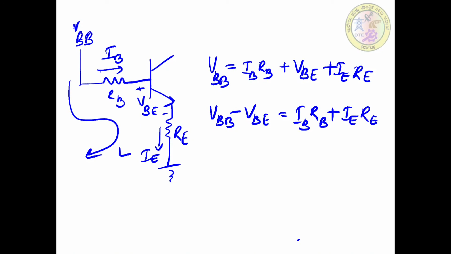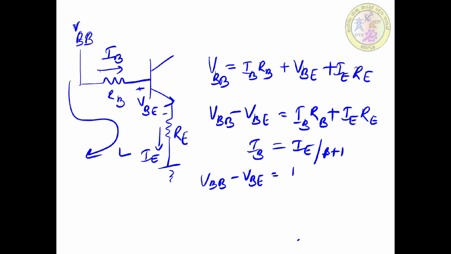Now we have to replace IB by IE divided by beta plus 1. So VBB minus VBE equals IE divided by beta plus 1 into RB, plus IE into RE. We now have the common term IE in both places.